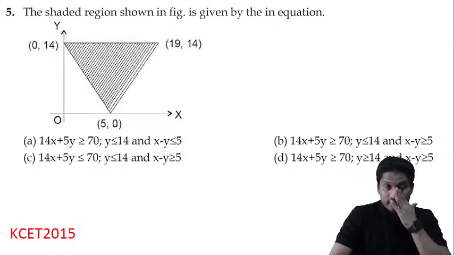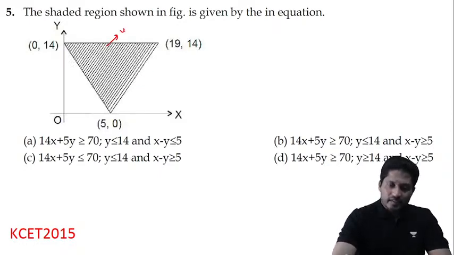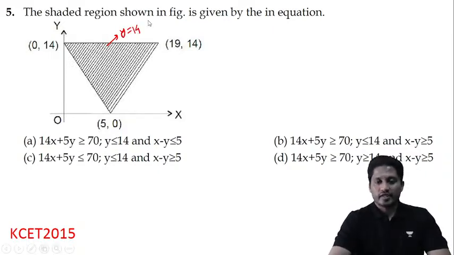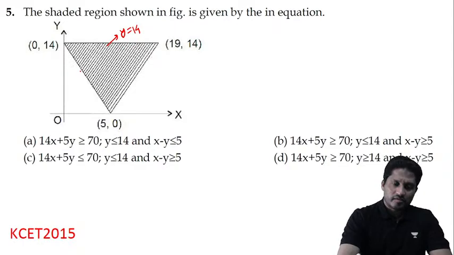Shaded region in the figure is given by the equation. Okay, now see this equation. Y is equal to 14, right? 0, 14, 19, 14, line parallel to the x-axis, 5, 0, 0, 14.